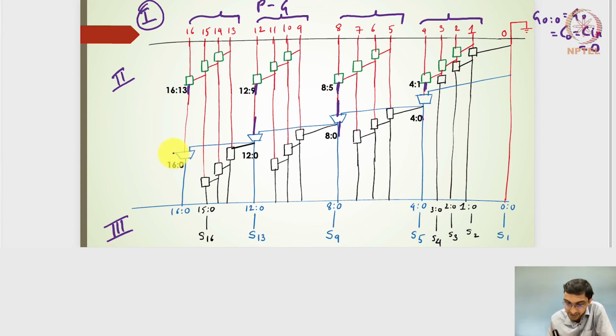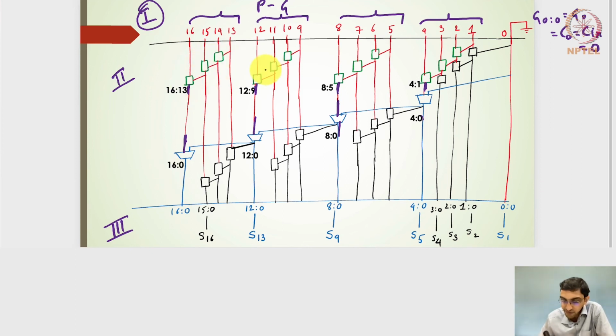And finally, for a 16-bit addition, we will have the fourth multiplexer. One input is coming from 12 is to 0, and then the other line will have one as a select line, the other one as G16 is to 13. The output is going to be G16 is to 0, right?